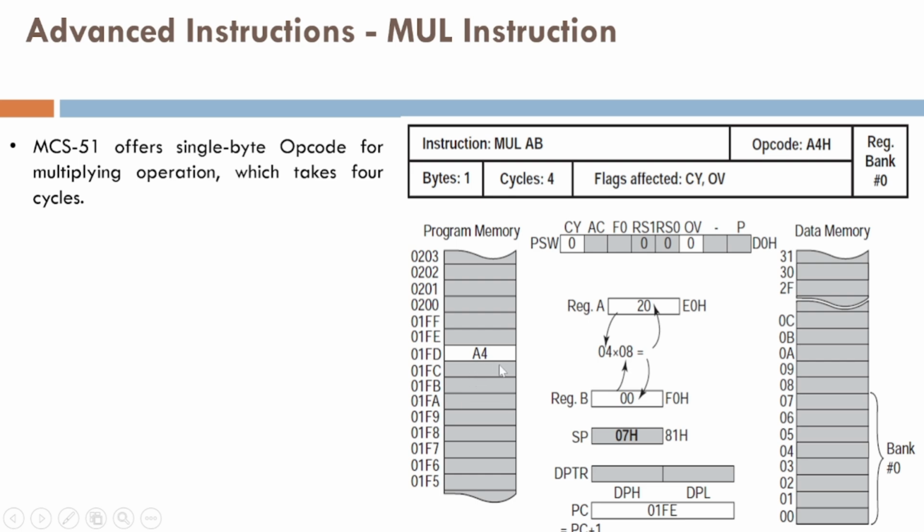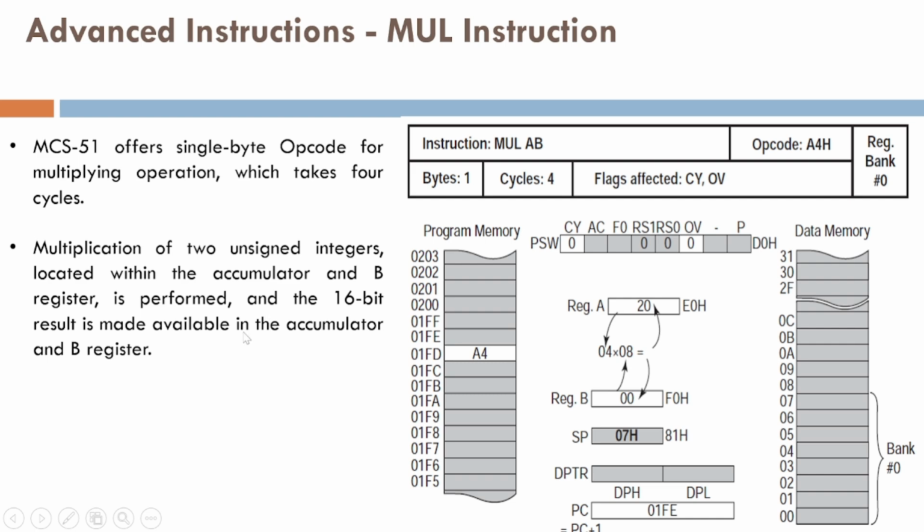This A4H means multiplication of the content of the accumulator and the content of register B. Register B's direct address is F0, and register A's direct address is E0. These are special function registers. Now, again you have to remember one thing. This is an unsigned operation. This is not a signed operation.